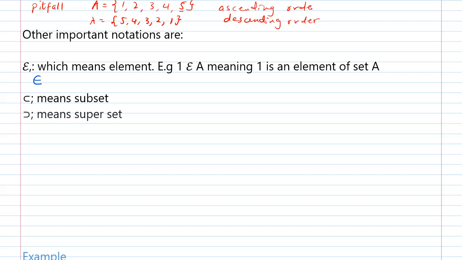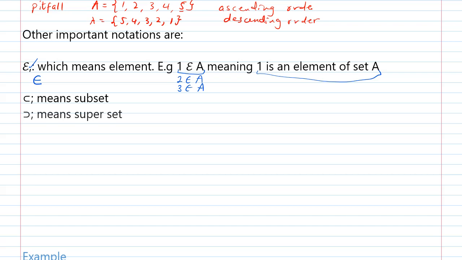For example, we could say 1 is an element of A. Instead of writing this whole statement in words, you could write it in this way. This is much shorter. So 1 is an element of A. You could also say 2 is an element of A. Likewise, 3 is an element of A. This is a very important notation that you don't only find in set theory, but in mathematics in general.